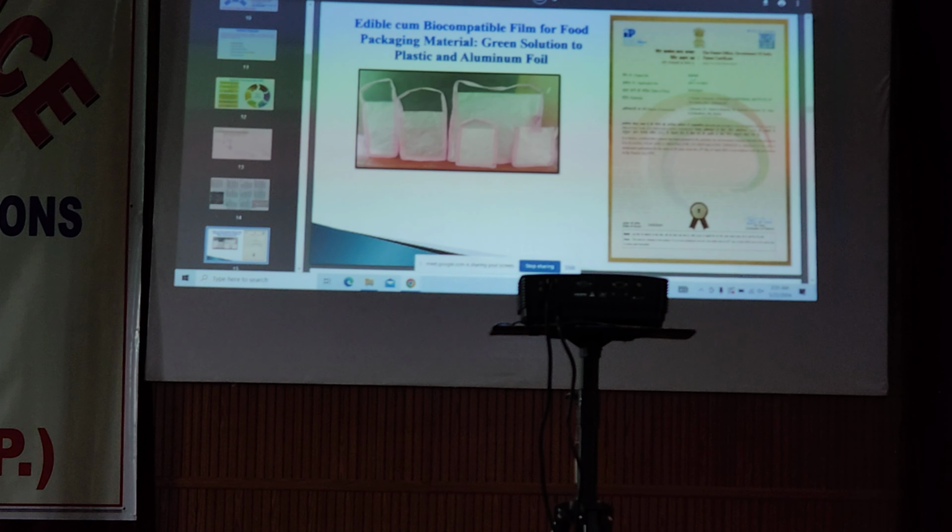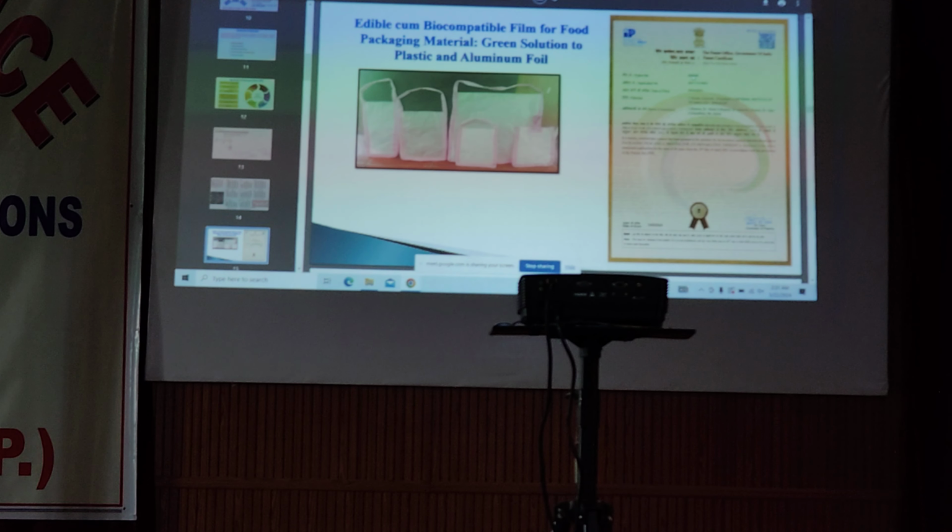So from here, my team, my students and I got an idea: why don't we solve the problem through this hydrogel? Why don't we turn this hydrogel into a film, or into something that can be a very potential replacement of plastic or aluminium foil.